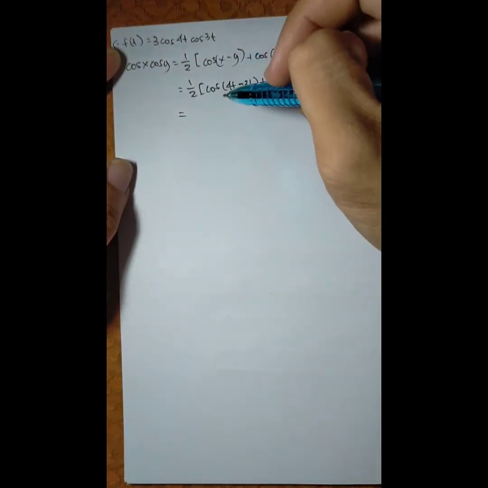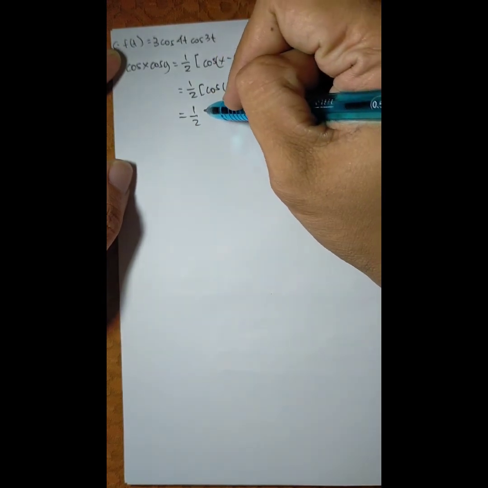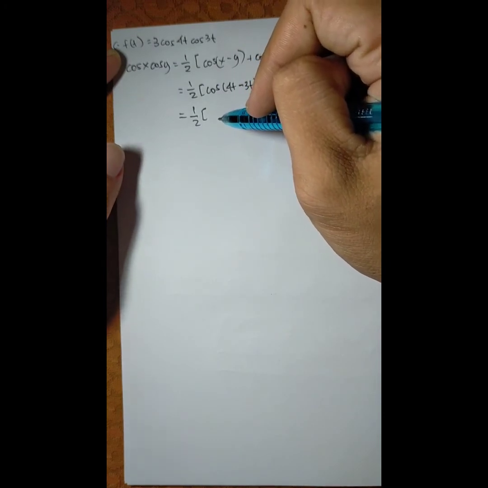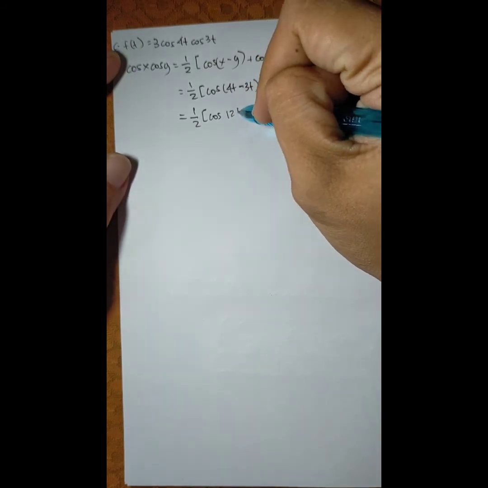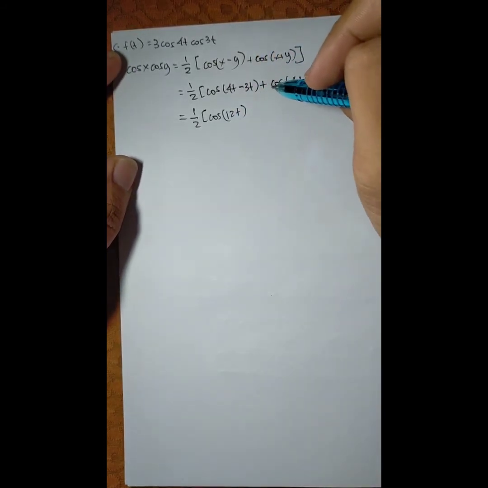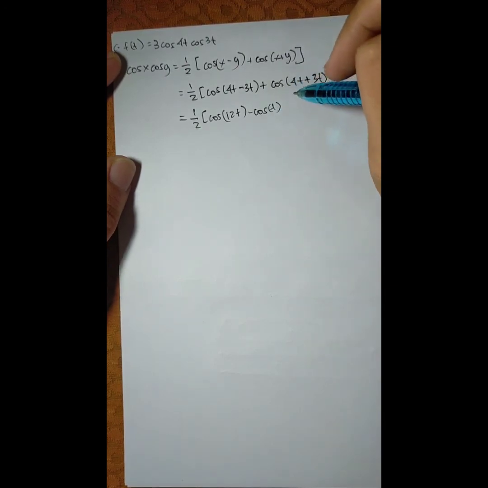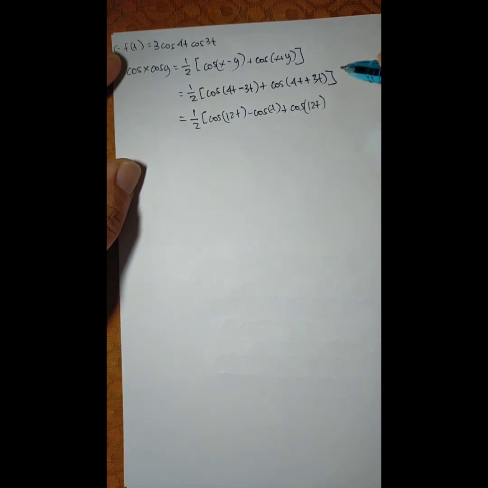This is equal to 1/2 cosine of 12t minus cos of t plus cosine of 12t minus cosine of t.